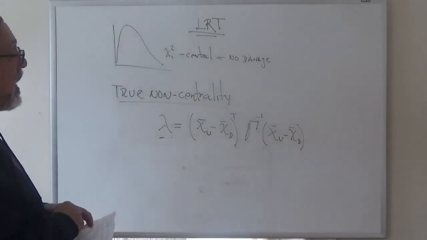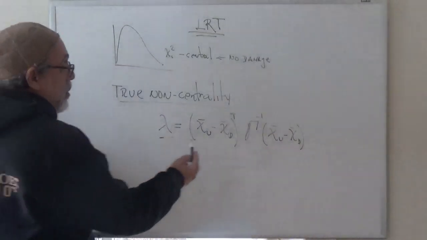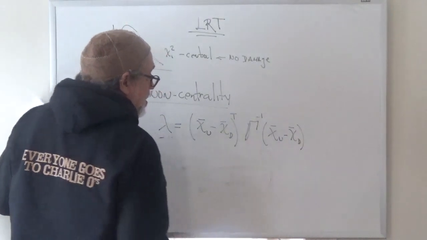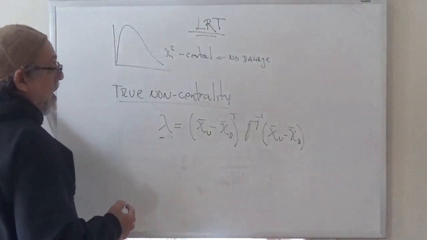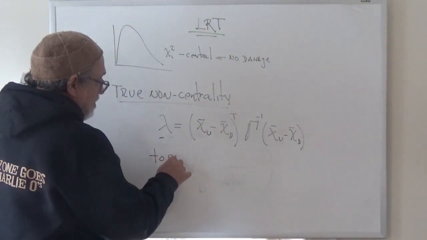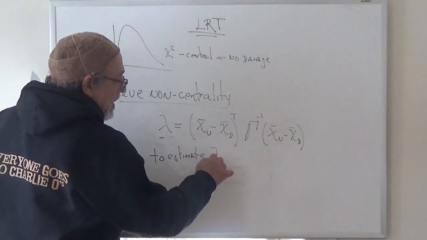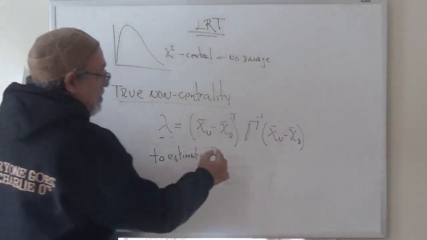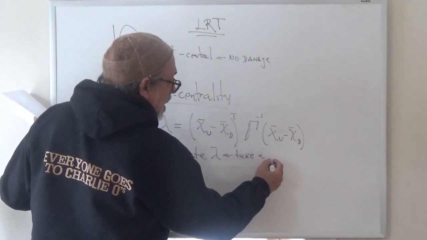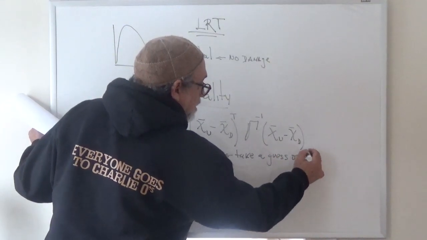The reason why we cannot compute it exactly in practice is because we don't know the mean of the damage distribution, right? We don't have the damage distribution. We only have this one. Therefore, in order for us to estimate the non-centrality, we have to make an assumption on xd.